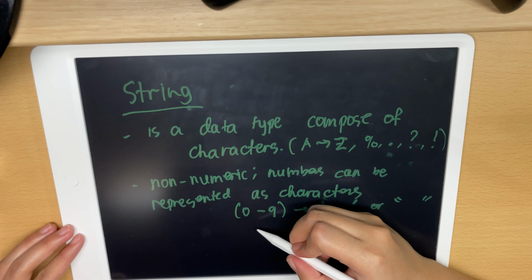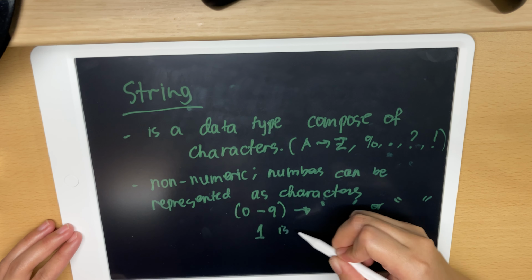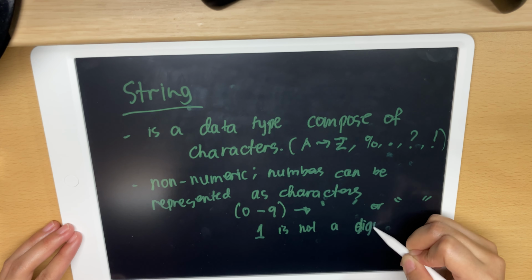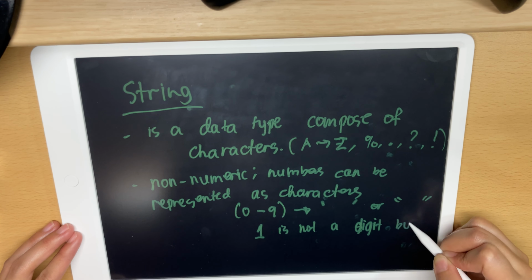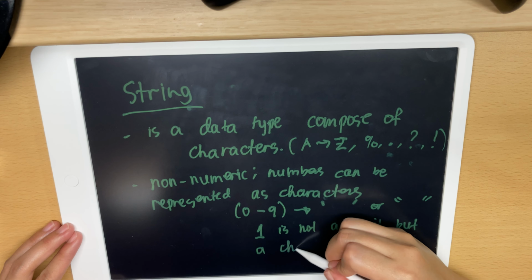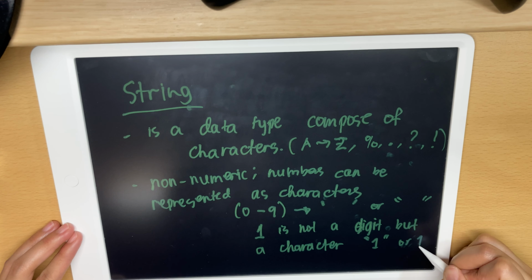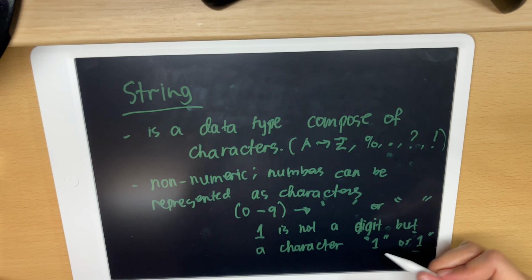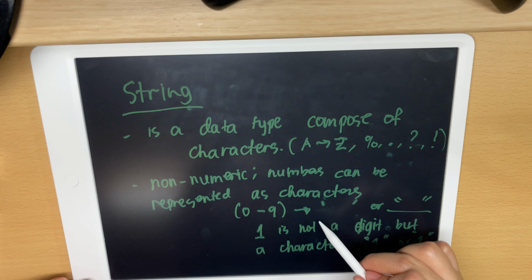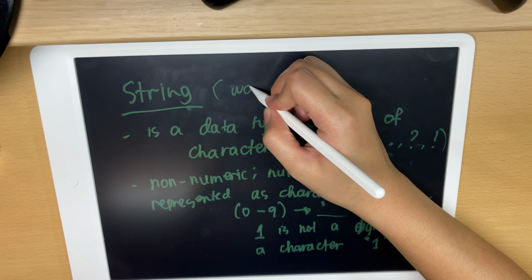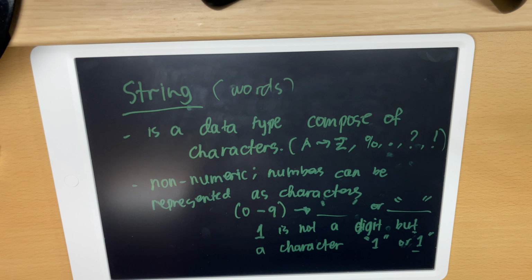So if you mean that 1 is not a digit but a character, we will write 1 in quotes, like this, or any number as long as you enclose it with quotation marks. So that is a string. So words, in English terms.